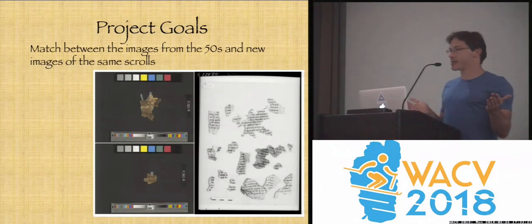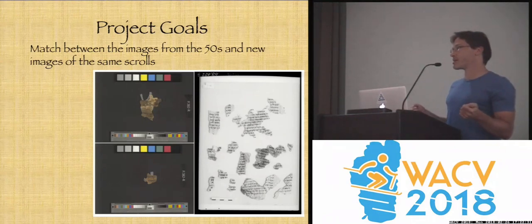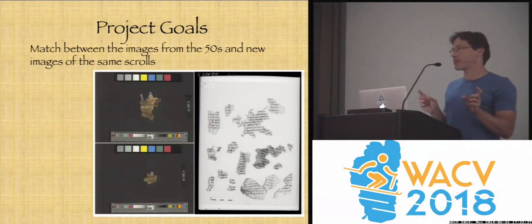Then a few years ago, they captured everything again, in this case with multispectral imaging, much higher resolution, much higher quality. The problem is matching the fragments between the two captures. It's kind of hard to find which is which because things have shifted, things were lost, things were recategorized, and so on.